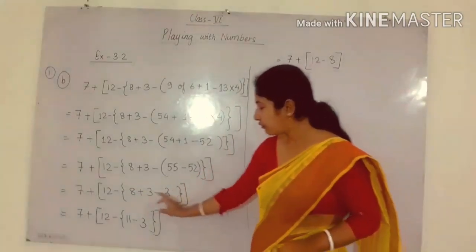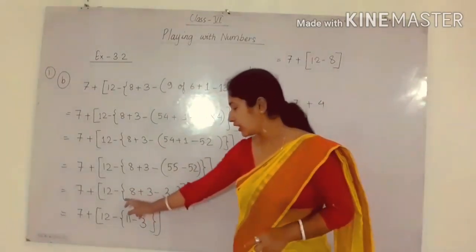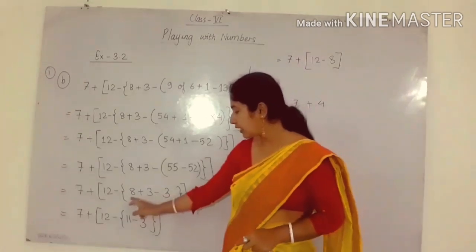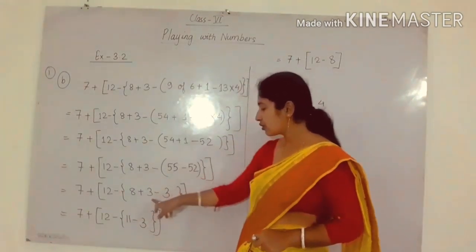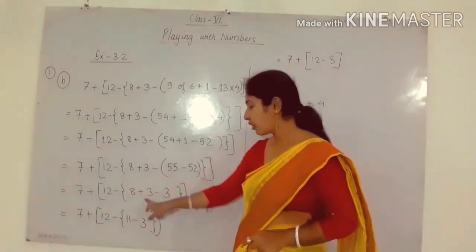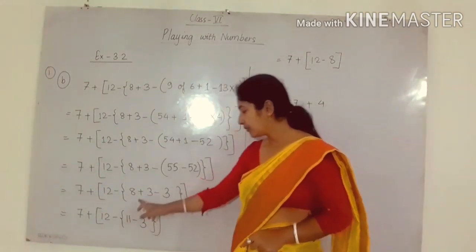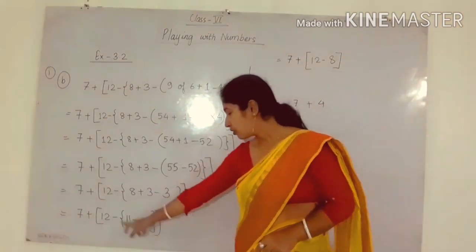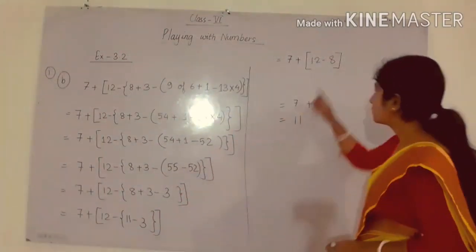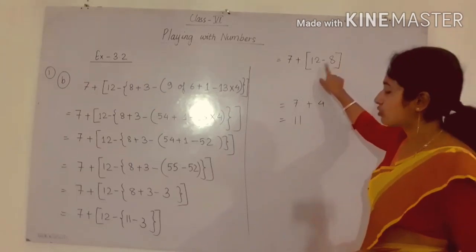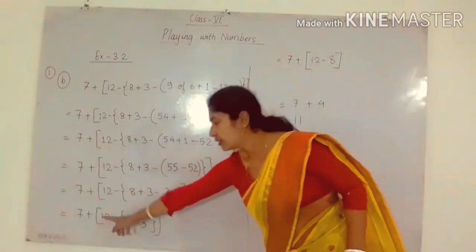Now you have the curly bracket, so you have to solve the curly bracket. In the curly bracket again we have an expression. In this expression addition is there, subtraction is also there. So you have to add 8 plus 3, which is 11. Then 11 minus 3. 11 minus 3 will be 8. Outside it is minus and it is 12.